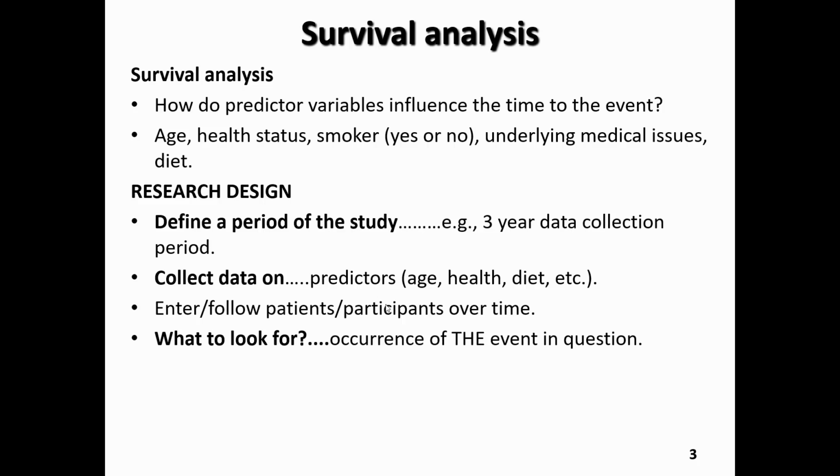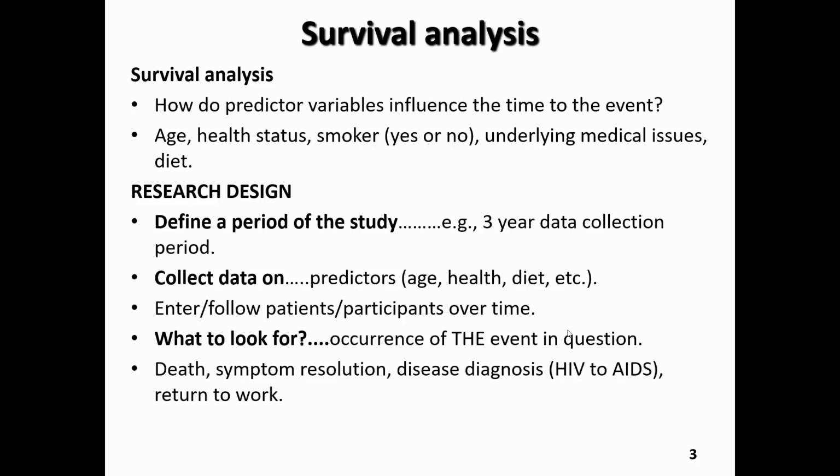And so what the researchers are looking for is the occurrence of the key event in question based upon the research study. And so the particular event may be death, resolution of symptoms, or the reemergence of symptoms, the time to diagnosis of a particular disease.